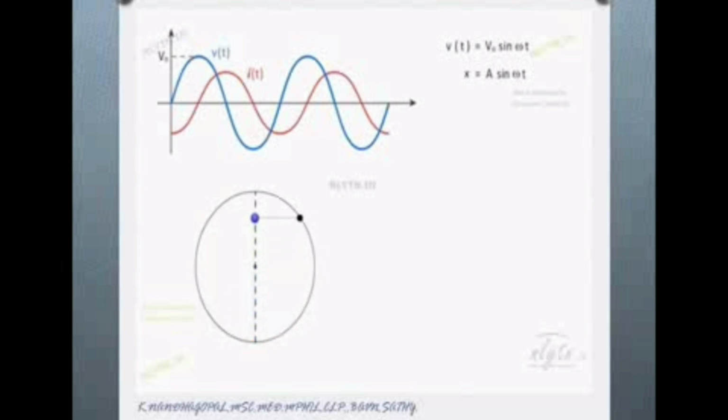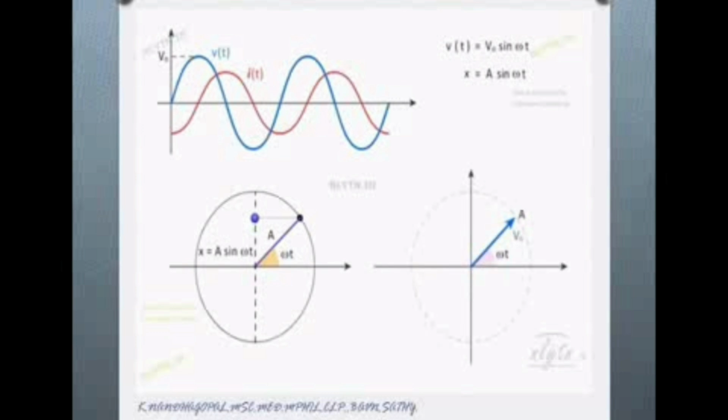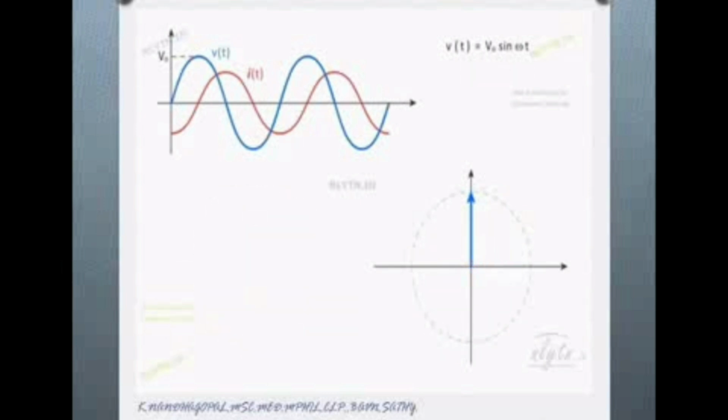Now we define the particle moving in a circular path with angular velocity omega, magnitude V0, and V0 sin omega t is indicated in a phasor diagram like this. The direction is constant for angular velocity, it is rotating, see that? Like that, the particle moving in a waveform is indicated as a circular motion. So this is called the phasor diagram.